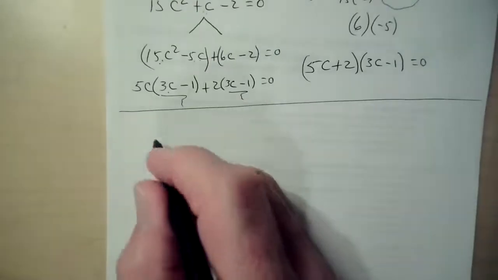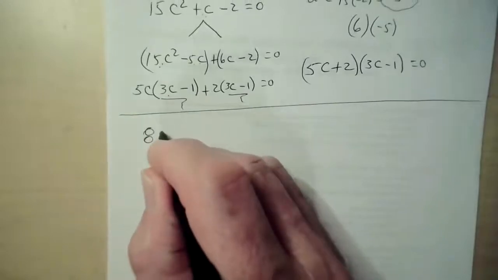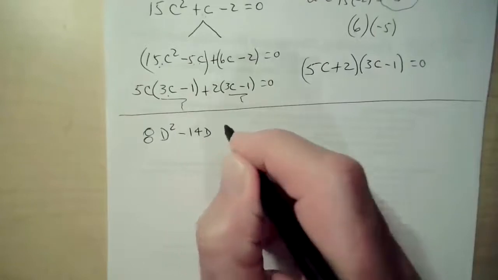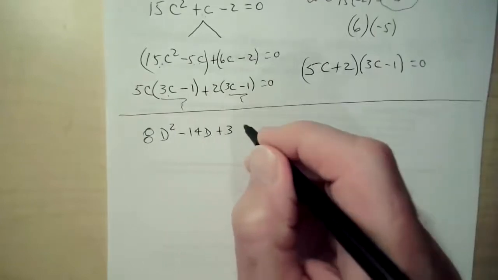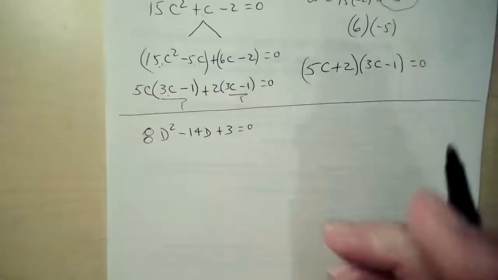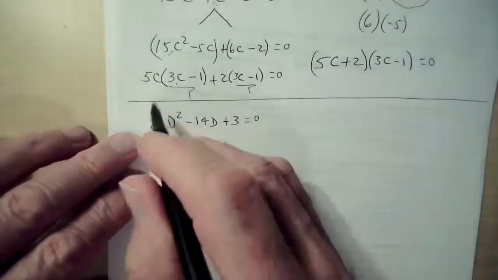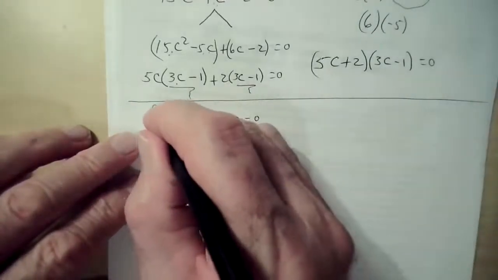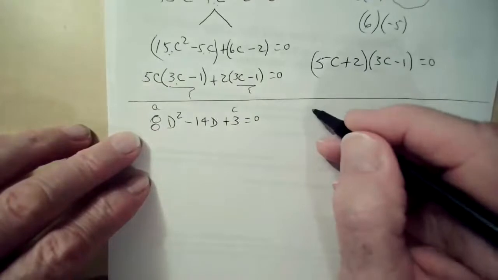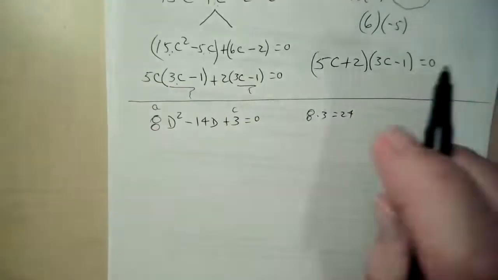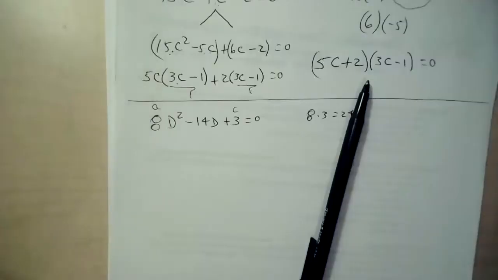Okay, now what? 8d squared minus 14d plus 3 equals 0. Okay, the first thing we do is a times c. 8 times 3 is 24.